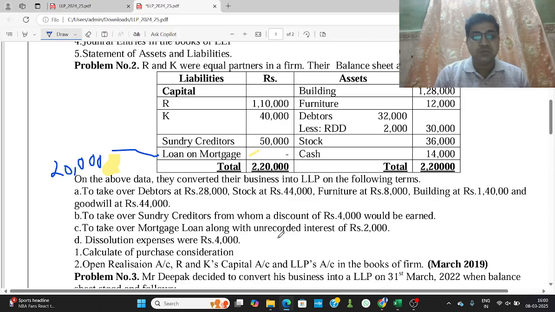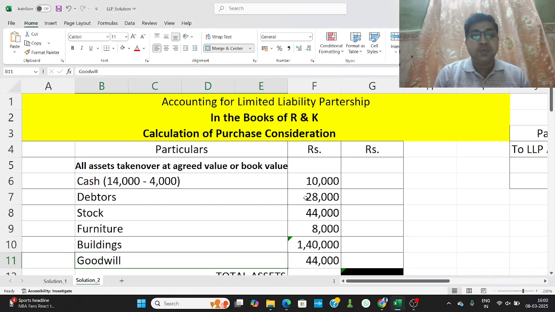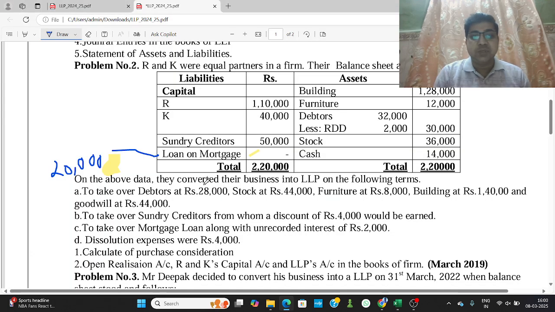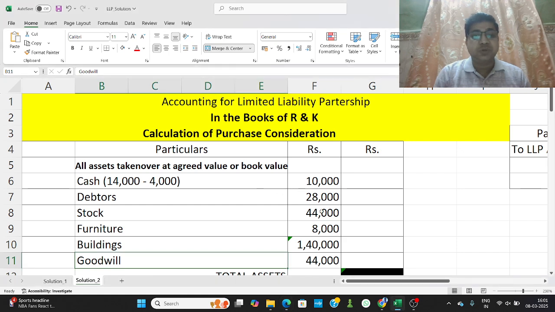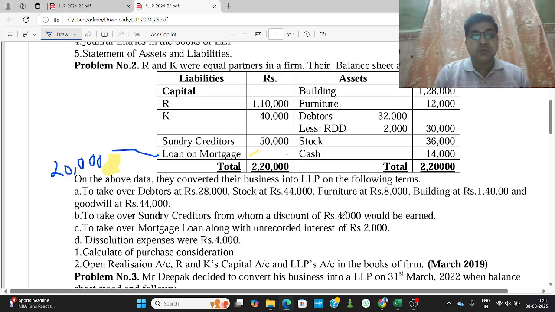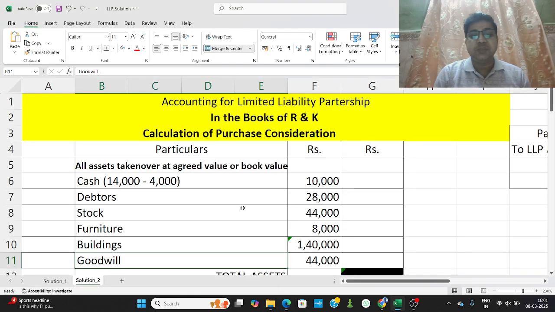From this, they have provided the debtors value as 28,000, so we will keep debtors at 28,000. In our problem, stock is 44,000, so we keep stock at 44,000, because the book value was 36,000 but the agreed value was 44,000.